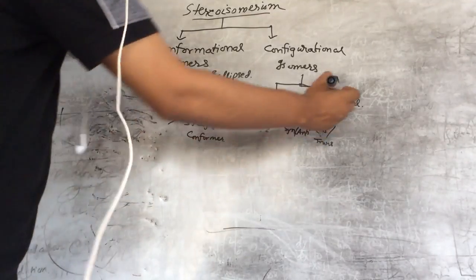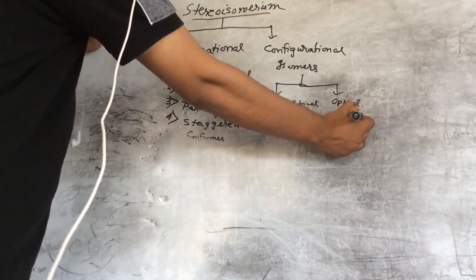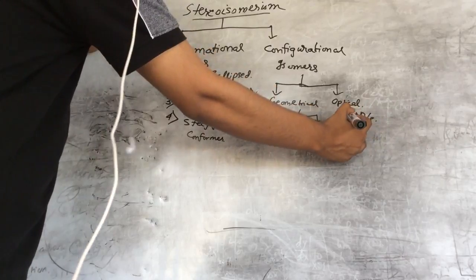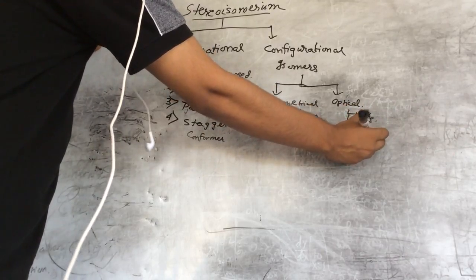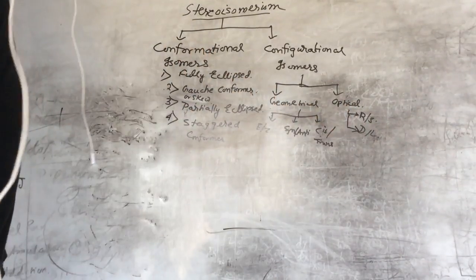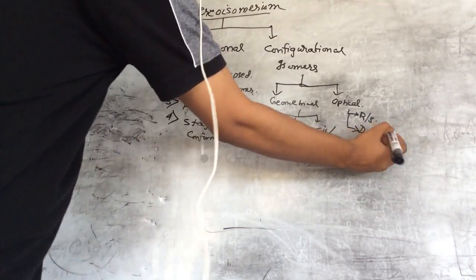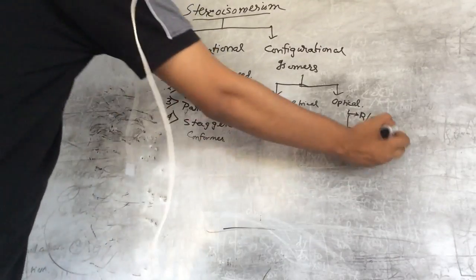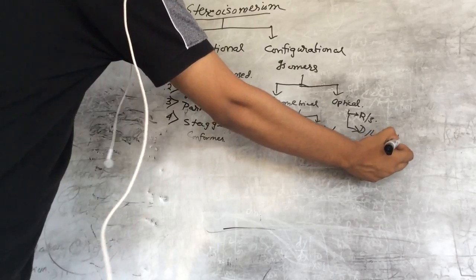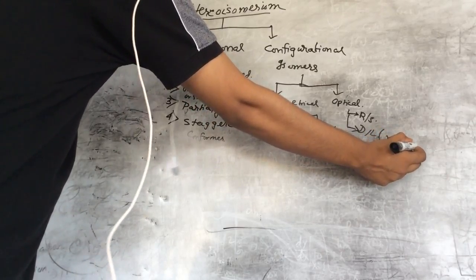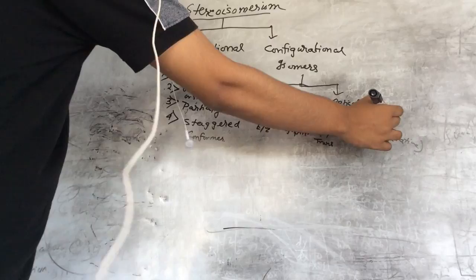Under optical there are two types of naming: RS and DL, capital D, capital L. So this DL is the relative one and RS absolute.